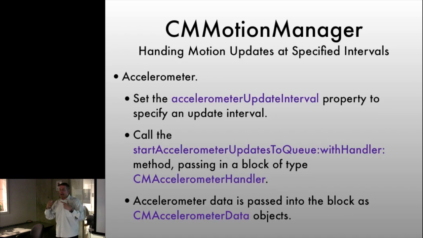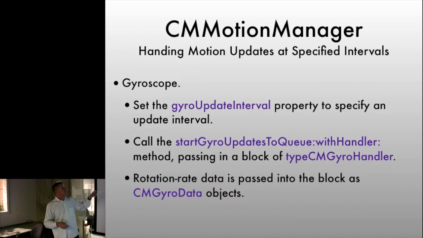The data is actually passed in as accelerometer data objects. I'll show you what the data types actually look like in a couple of slides. The gyroscope has a gyroscope update interval. Same deal. Start the gyro updates, giving it a queue and giving it the handler, the block handler.